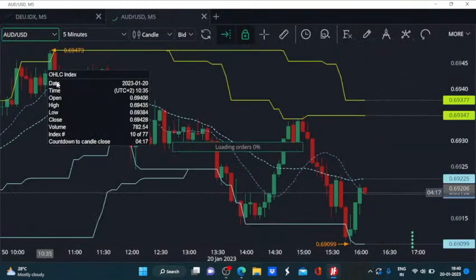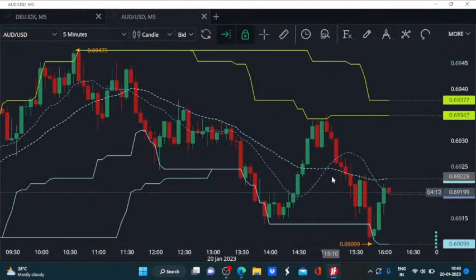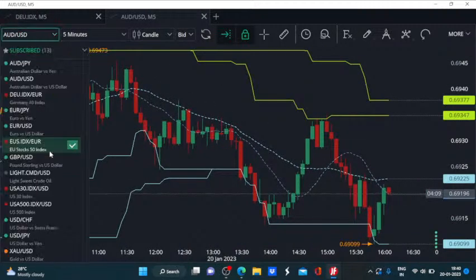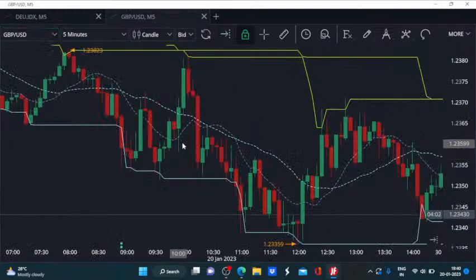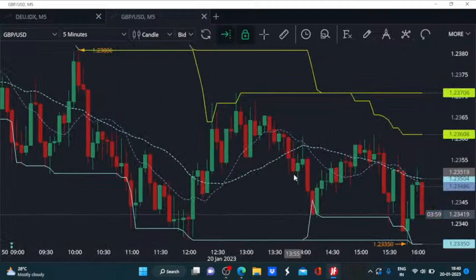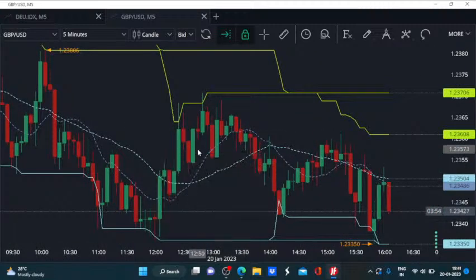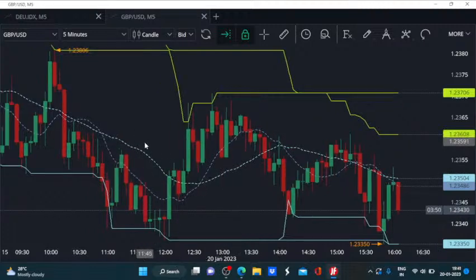And AUD is more bearish than the euro if we look at this timeline, whereas the GBP is also much more bearish than the euro. So in today's session, the three currencies which we have seen so far are pointing to the bullish momentum in the dollar, and all we have to do is keep looking for opportunities to buy the dollar and sell these major currencies.